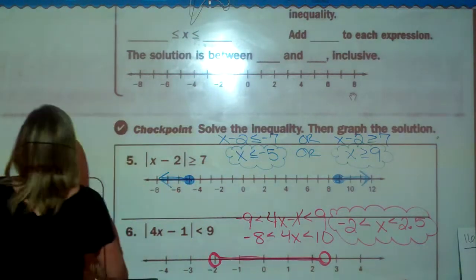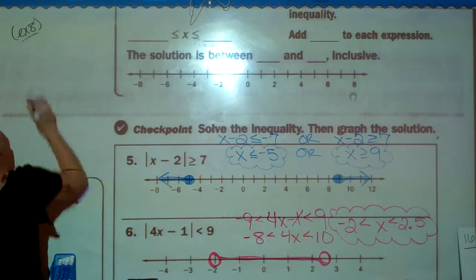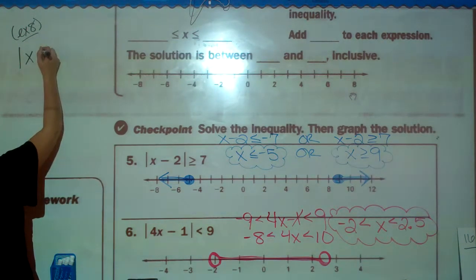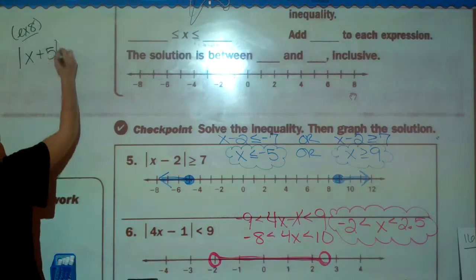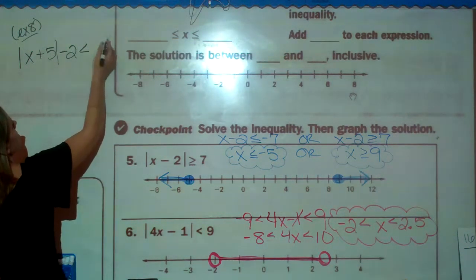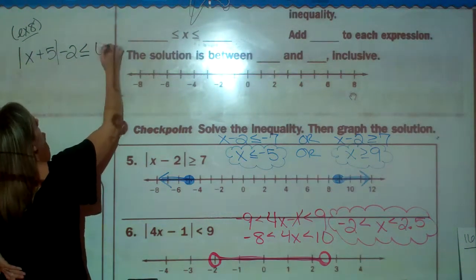So for example, you could have something like this. Example 8. The absolute value of x plus 5 minus 2 is less than or equal to 6.